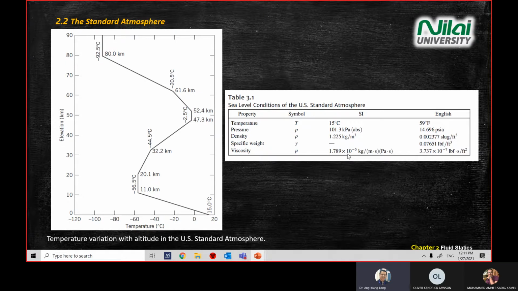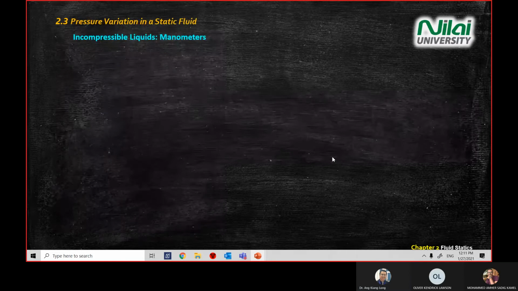Viscosity will be 1.78 times 10 to the power negative 5 kilogram per meter second, or Pascal second. These are all the numbers you should know where to refer to when the question mentions a preset condition. On the right hand side are English values. For this module we will use SI units, but the English values are useful when you work in Europe or the US.